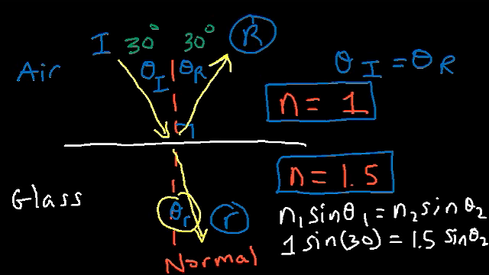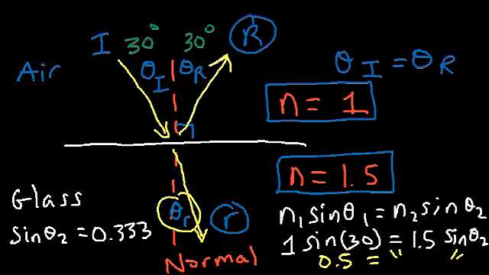Now, sine 30 is 0.5. To solve for sine theta 2, you need to divide by 1.5. So sine theta 2 is 0.5 divided by 1.5. That's basically a third, 0.333 repeating.